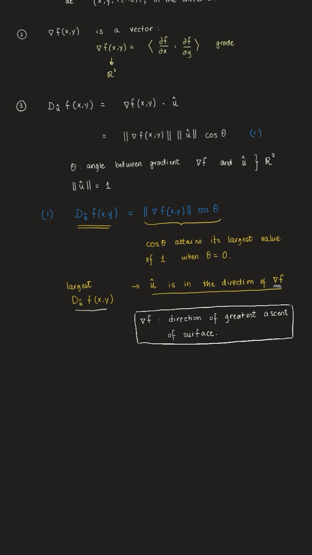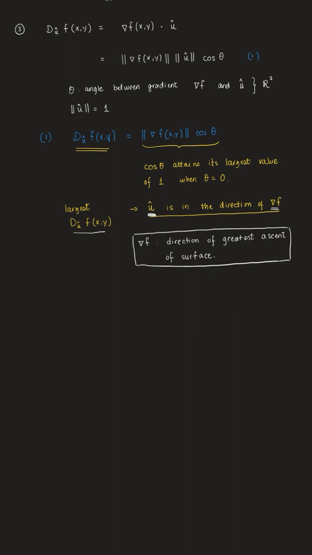So if we want to find the largest rise, we want to pick a unit vector in the direction of the gradient. Okay, and so similarly, let's make another note. Cosine theta, this is all under this number 3.